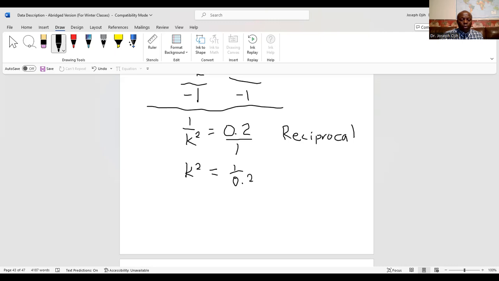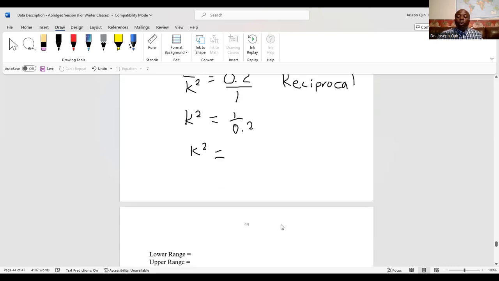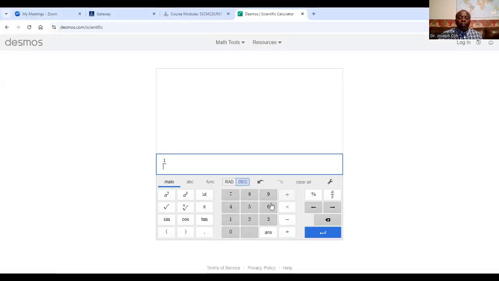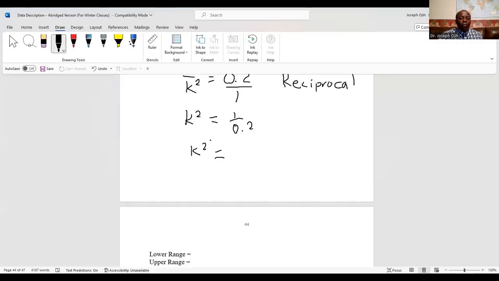Which means that k squared equals 1 over 0.2. Let's get it from the calculator. 1 divided by 0.2 is 5. So you can put it back there. That gives us 5.